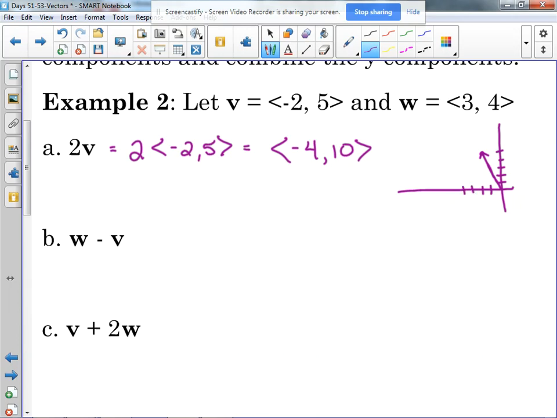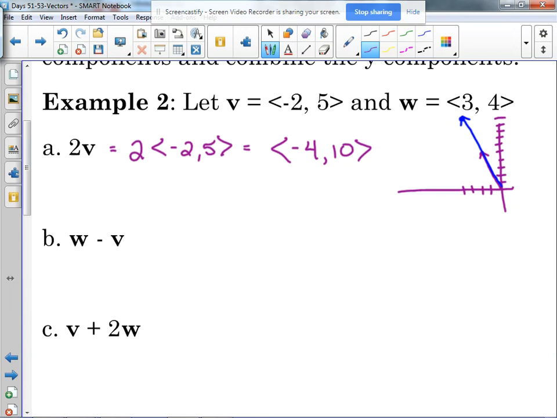And then we go to negative 4, 10. All we've done here is extend our vector. It doesn't move, it doesn't change where it's at. It has just lengthened by a factor of 2, which is what scalar multiplication does.